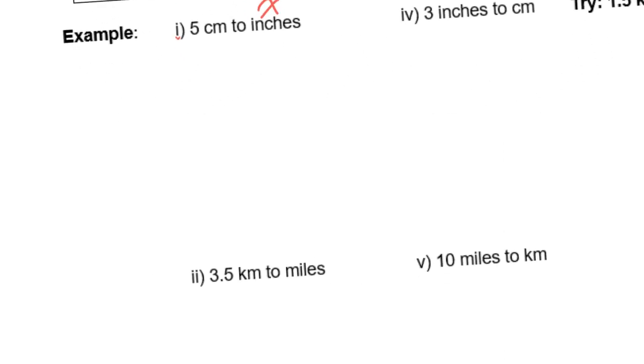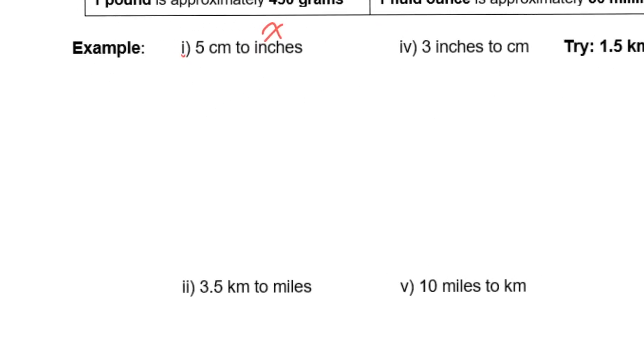So now when we do our calculations, all we end up doing is something similar to this. We're looking for our inches, and the thing we know is our centimeters.